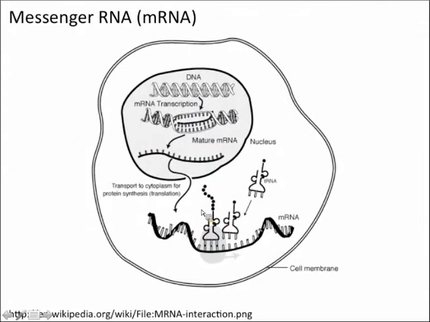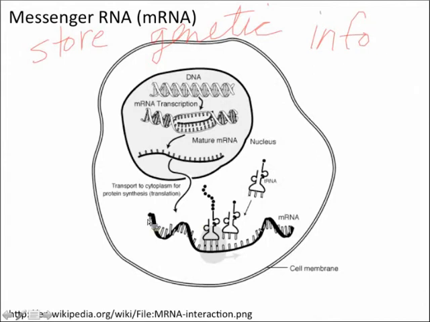So that's often what we think about, and so that means that one of the functions for RNA is to store genetic information. So it does store genetic information just like DNA does, but with this structure with that OH group, it's far more reactive, so it's not as stable.